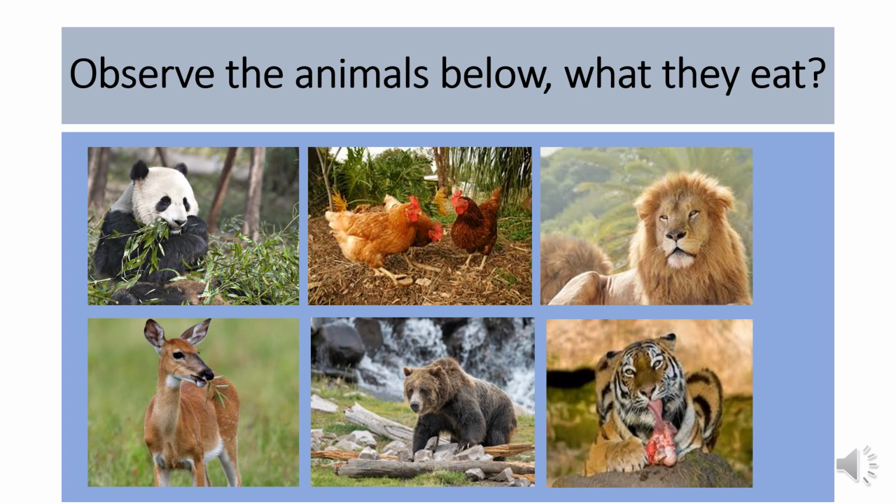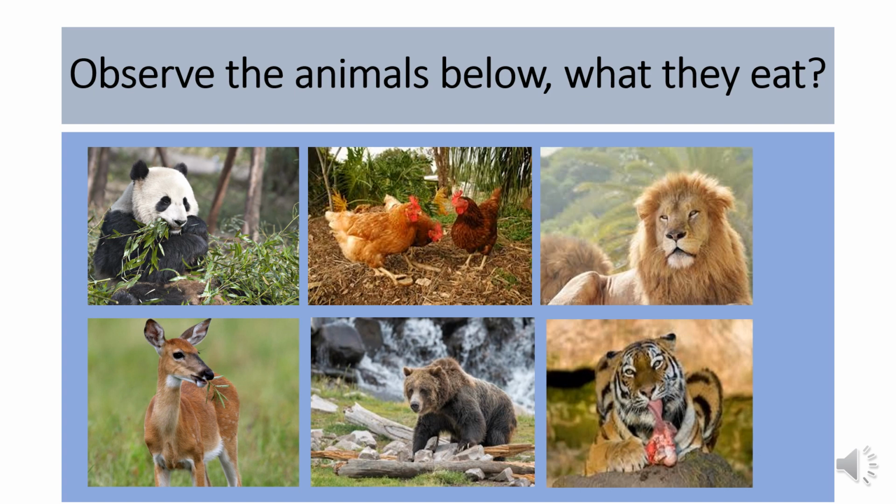So why do these animals eat? Okay, remember, animals and all living things need to eat to grow and stay alive. They eat to get energy so that they can move around and also work. So remember, they need to eat to gain energy. Food is very important to keep ourselves healthy.